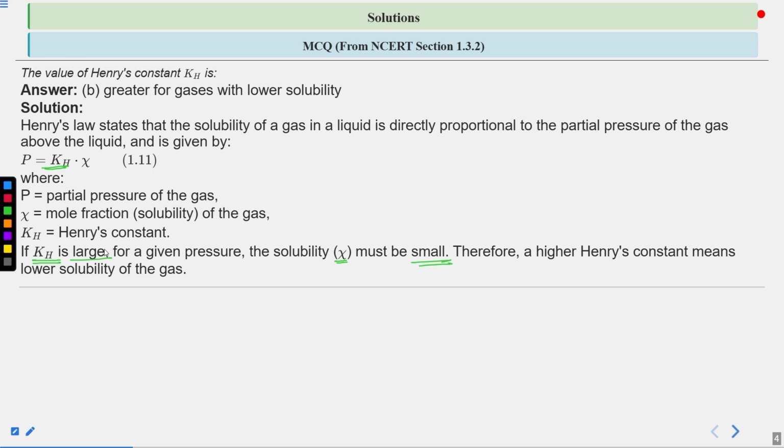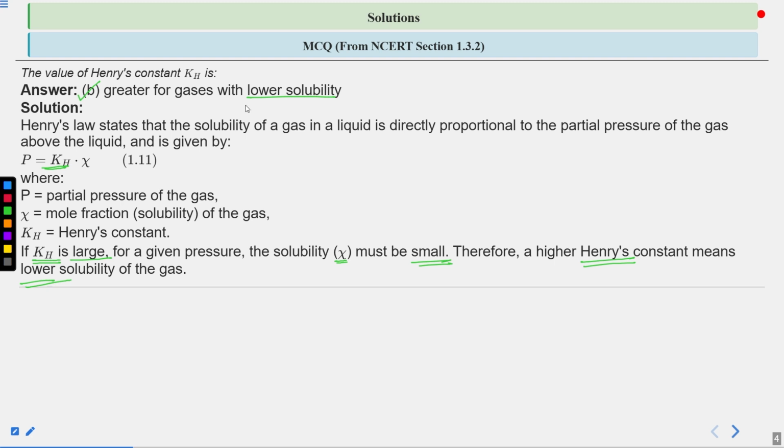So if the KH value is larger at the given pressure, the solubility must be small, and therefore a higher Henry's constant means a lower solubility of the gas. So the correct relation is option B, which says that if the Henry's constant value is greater for gases, they will have lower solubility. Hence, the correct answer is option B.